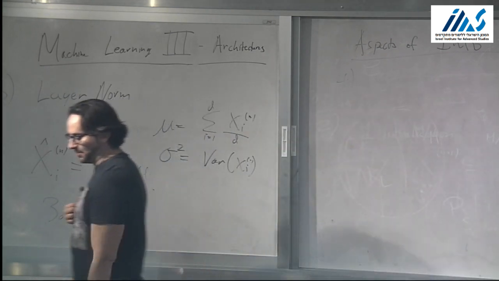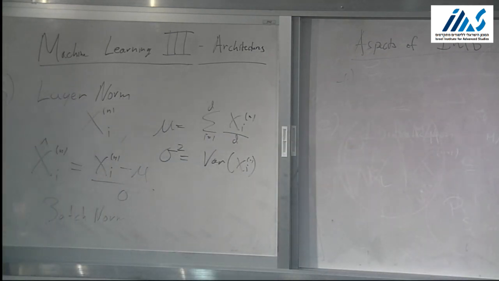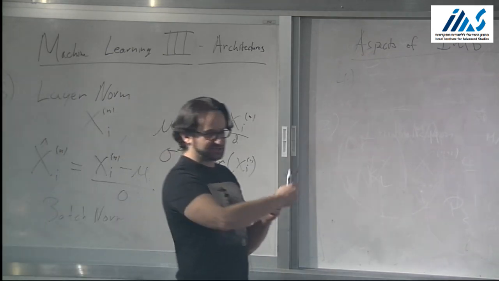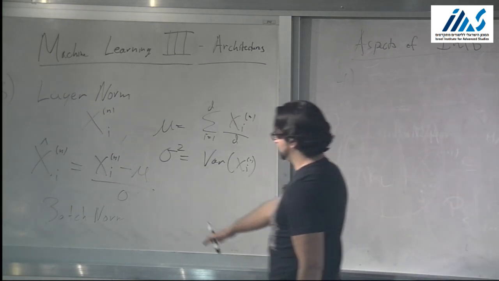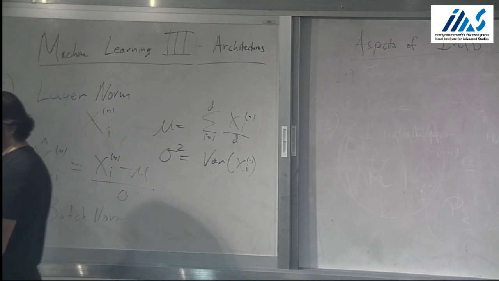While I'm training the network, I provide it with batches of data, like 100 different images. And so for each xi, I have 100 different xi's, one for each image I was training on, and I can use the statistics in the direction of the batch to shift the mean and renormalize.